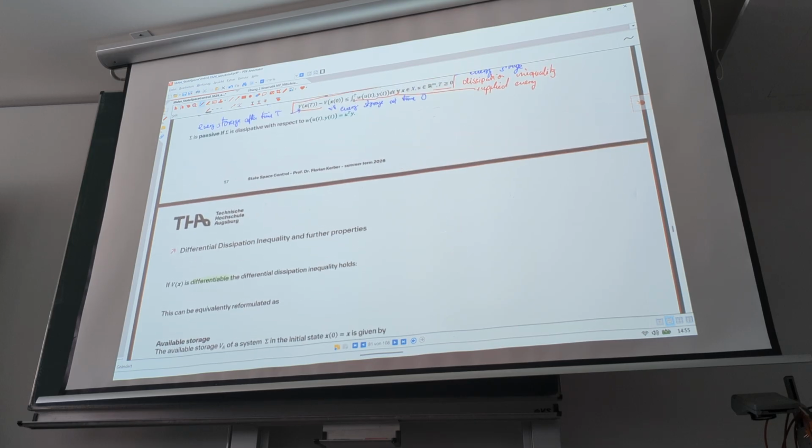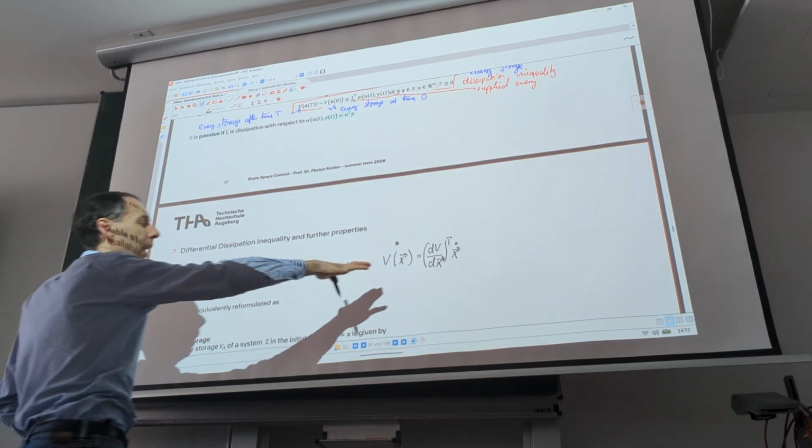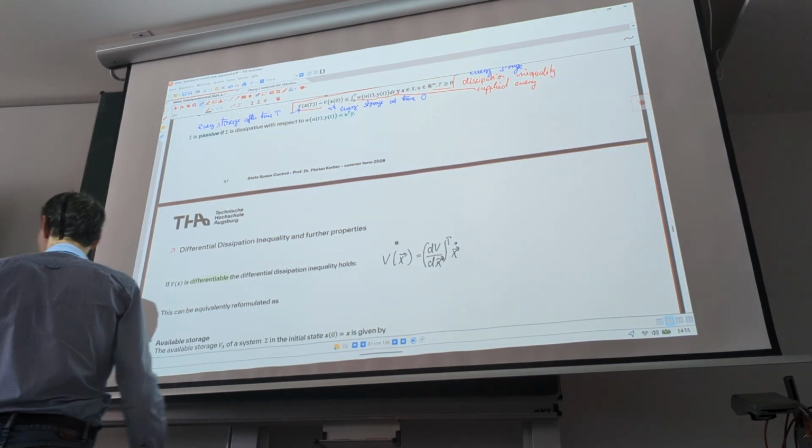Basically, if you look at this, a differential version would mean I take the V dot of x, so basically the dV dx times x dot, okay? And if I do this formally, typically the dV dx would mean a gradient, which would be a column vector.